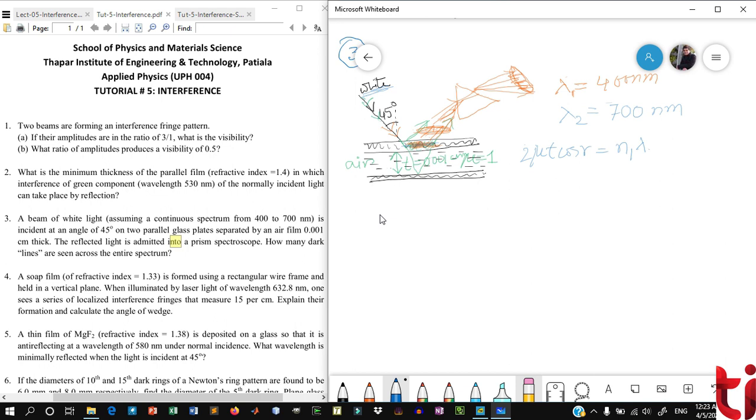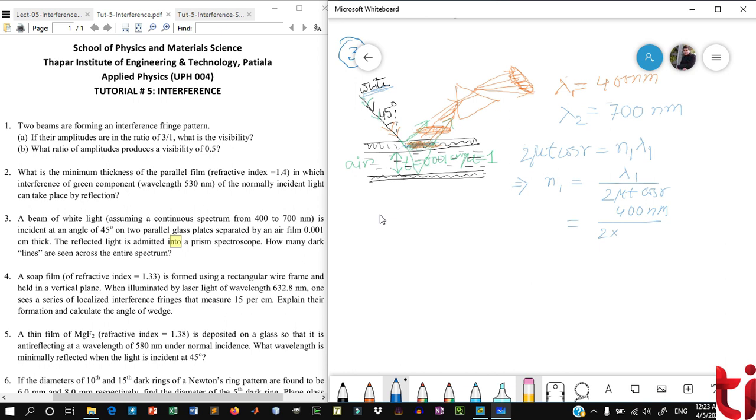So here n1 is equal to 2 mu t cos r by lambda 1. So how much is lambda 1? Lambda 1 is 400 nanometer.